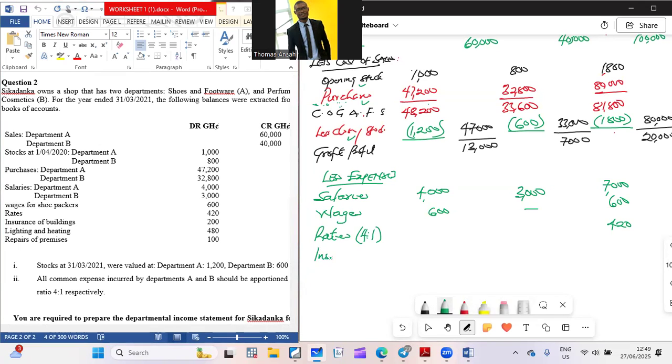We have insurance of building. Now, if the question has said insurance of factory building, that one will be overhead straight, and those are more understood in manufacturing. All right. So insurance of building is 200. So do the apportionment. They are all supposed to be done using the 4:1. So I'm waiting on you for the apportionment.